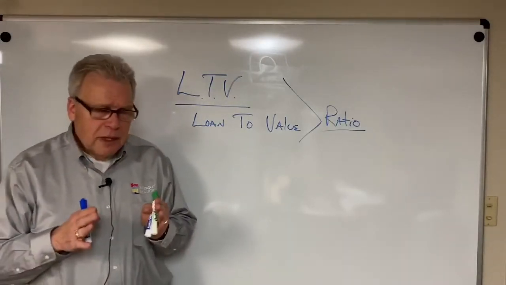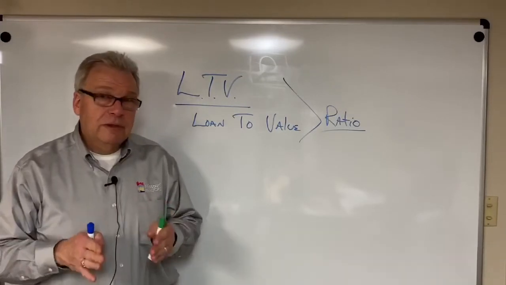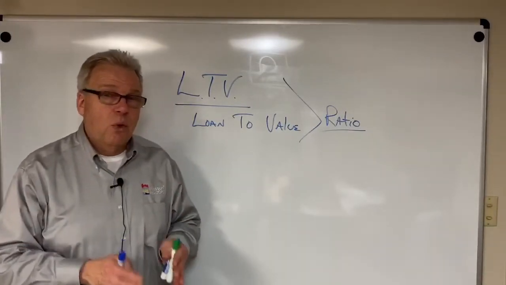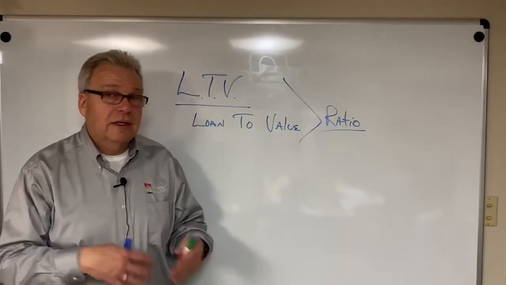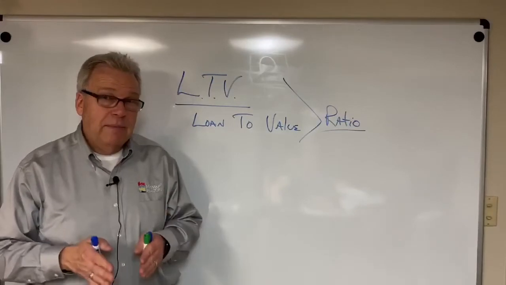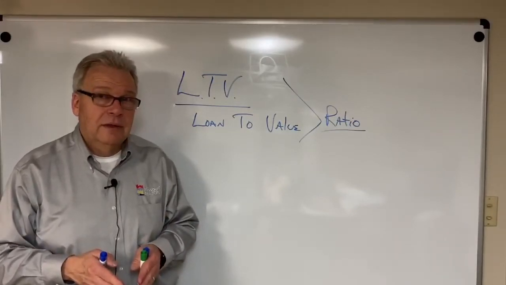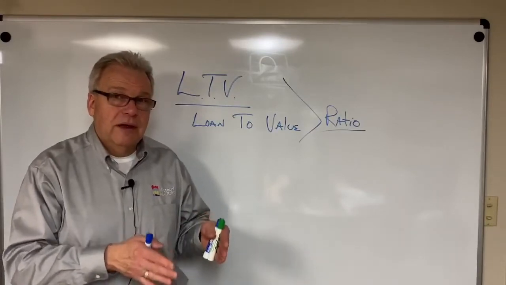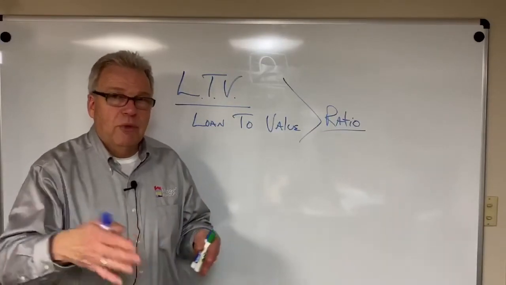Remember that most lenders will require 20% or more as collateral for your down payment. If you cannot put 20% down, you have to take out what is called mortgage guarantee insurance, or private mortgage insurance.